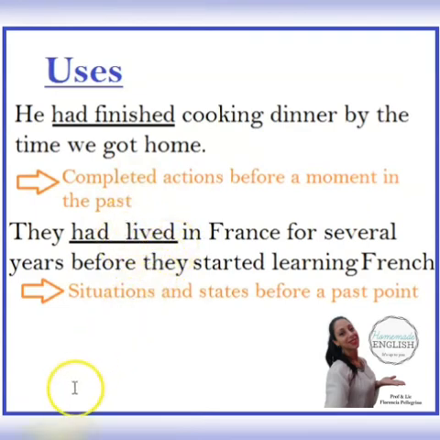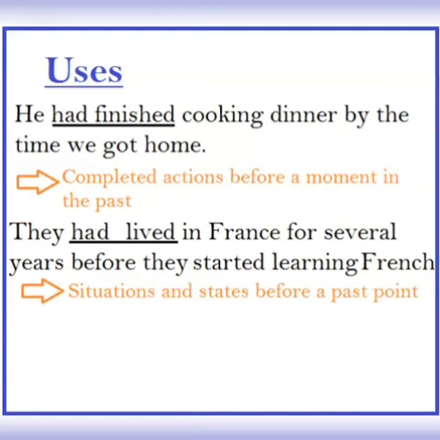It is a state, the same as like or have. They don't require movement to happen. So, second use, to talk about situations and states before a past point or past action. Let's analyze another sentence now.